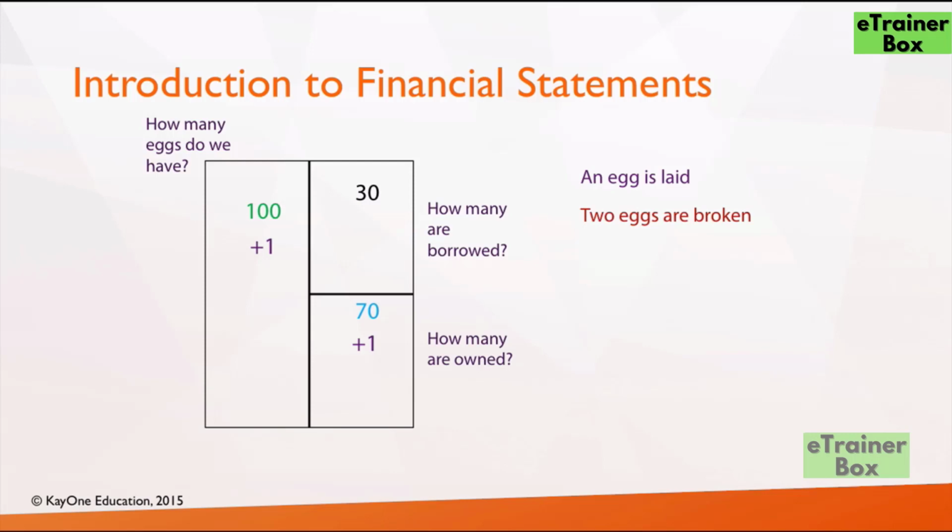Let us look at the flip side of this. Assume that 2 eggs are broken during a specific period. So on the left hand side, the number of eggs you have decreases by 2, and on the right hand side, since the breakage has happened in your farm, you take the ownership for it and you subtract 2. So if you look closely, on both sides of the table, we have 99.